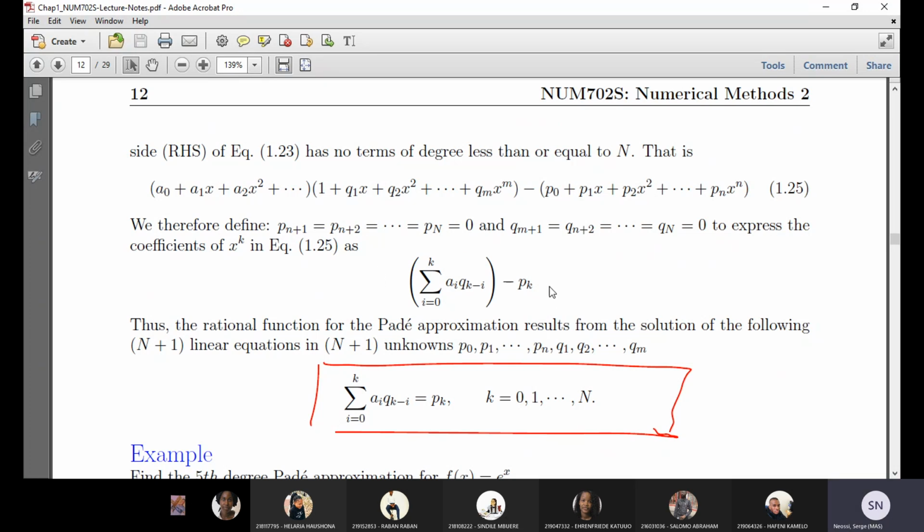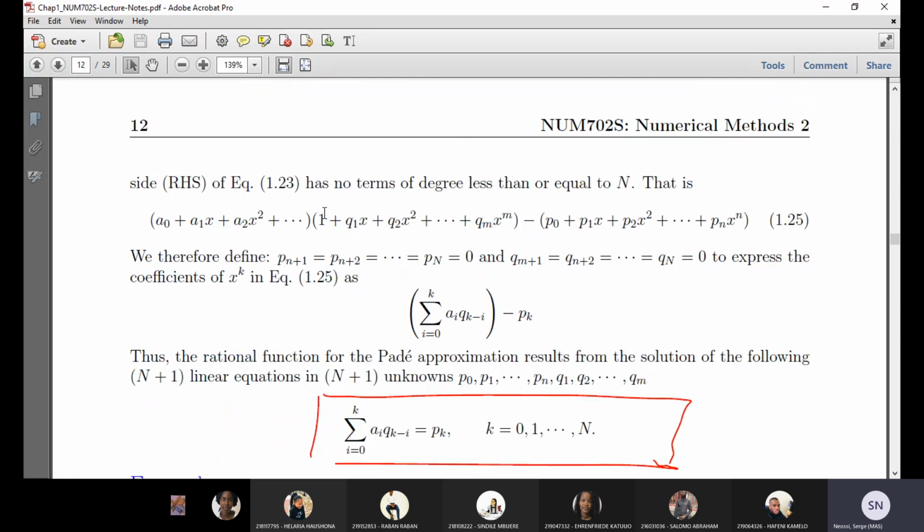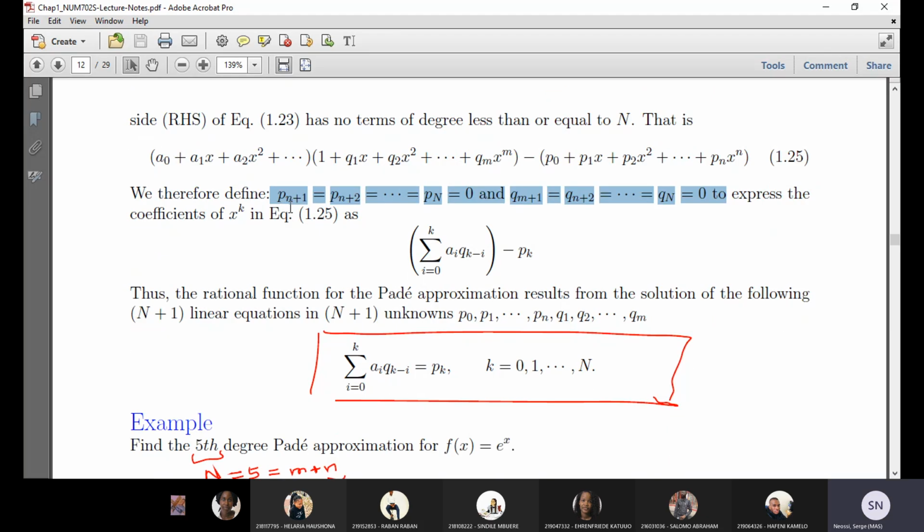Now, if we set that to be 0, then we can take negative p to the right-hand side. We obtain this formula boxed in red. So we have a total of N plus 1 equations in N plus 1 unknowns. Now bear in mind that in this expression, the polynomial P, which is the numerator of R(x), has degree n.